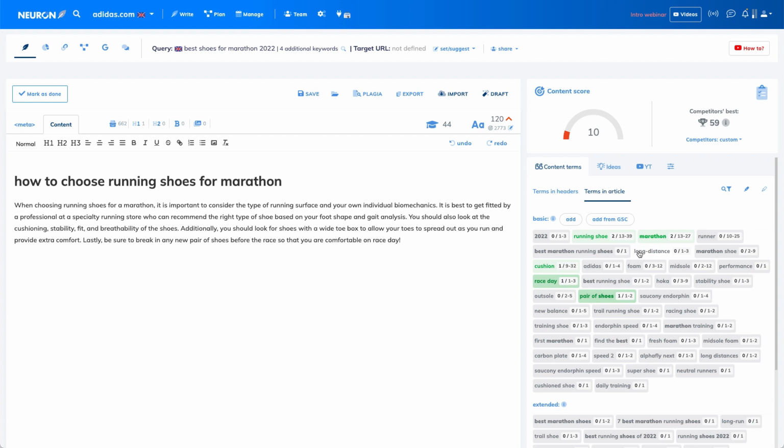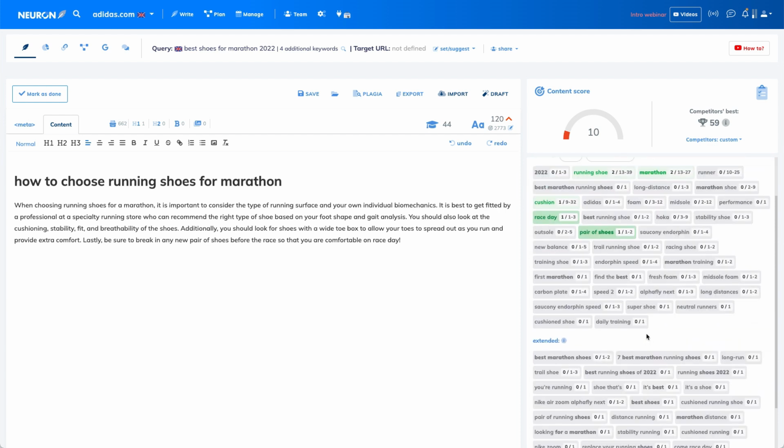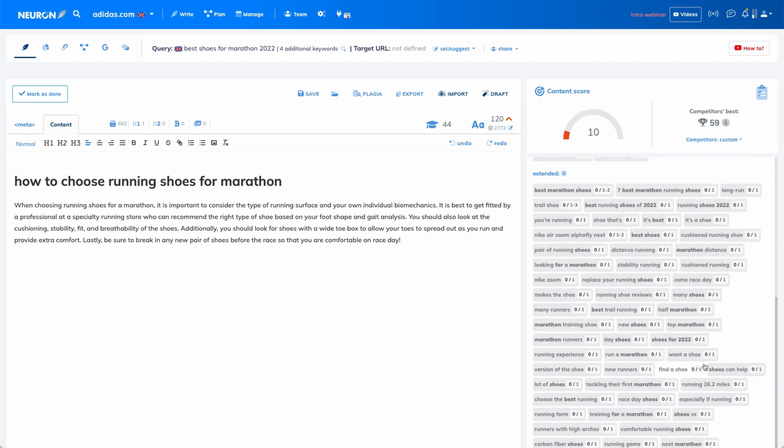Very important is to understand that the content score is calculated according to what you have in the recommendations and what you have written in the content editor. So this is the relation between the content in your editor and the content on the recommendation side. You have two options: you can revalidate the recommendations, and for example remove something which is not necessary.